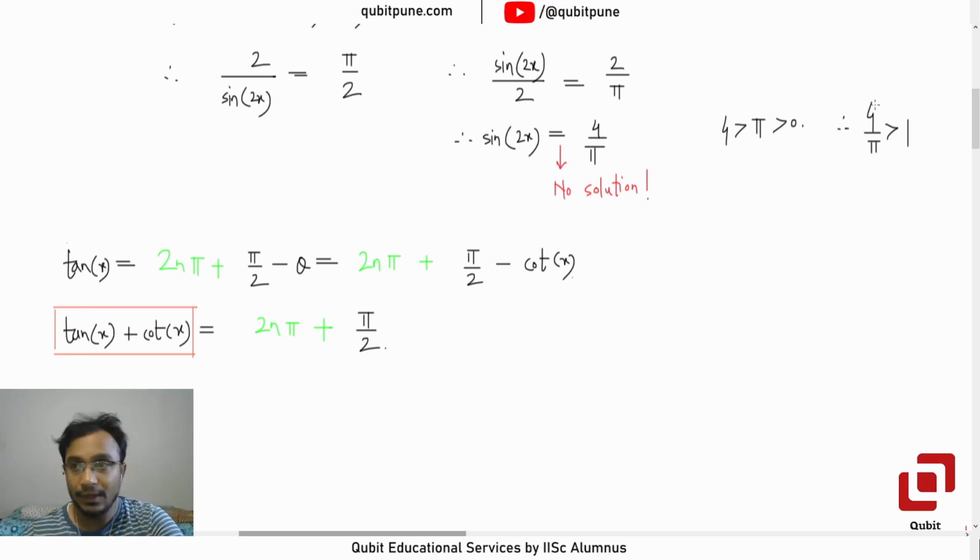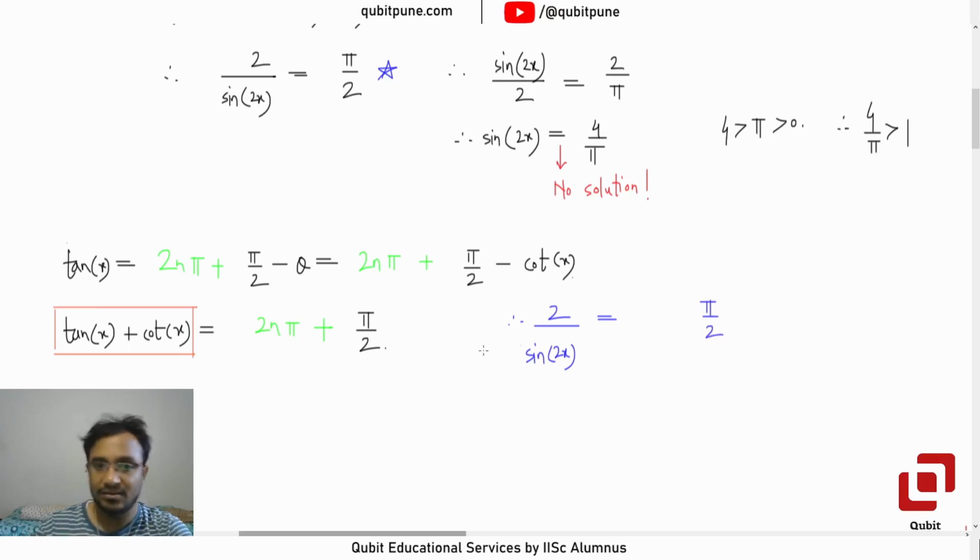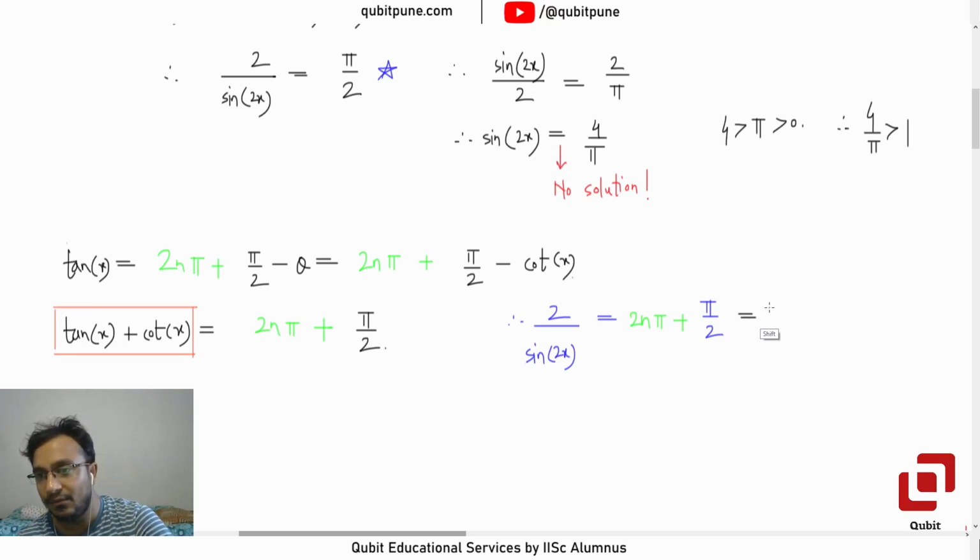From this step we know that 2 upon sine 2x is now equal to what? Earlier it was just pi by 2, but that got us to a contradiction, so we will now say 2n pi plus pi by 2. What can we then do?